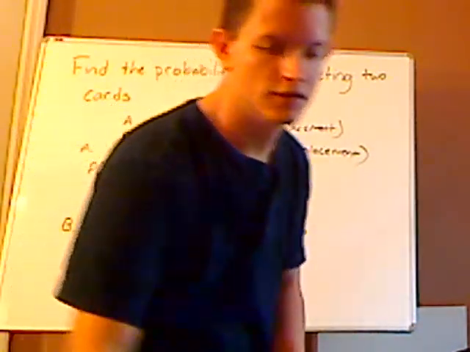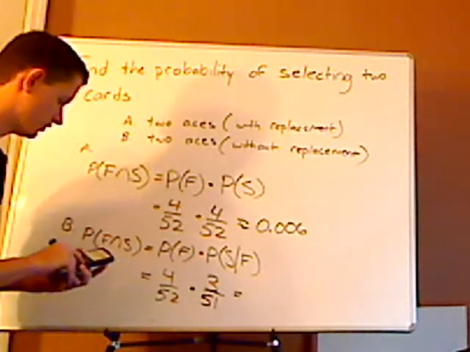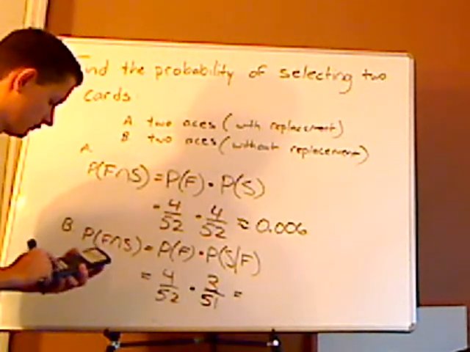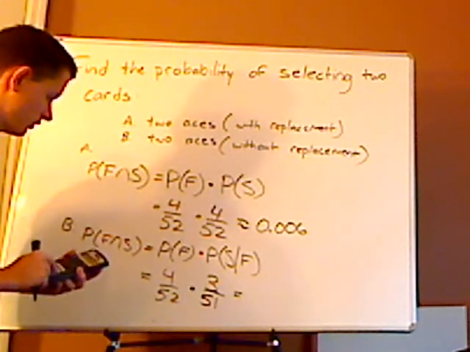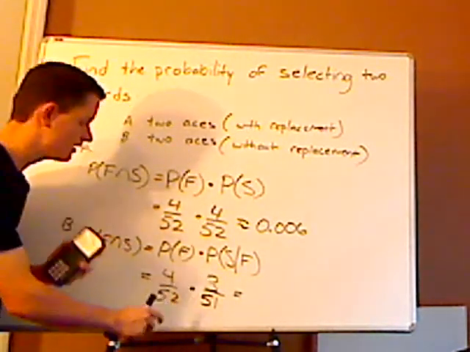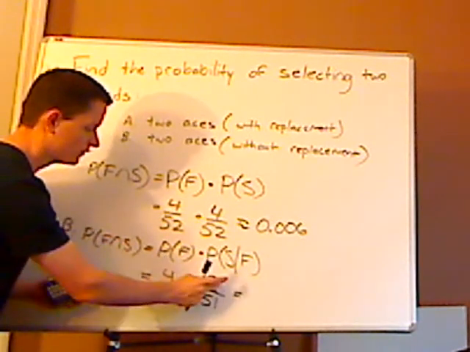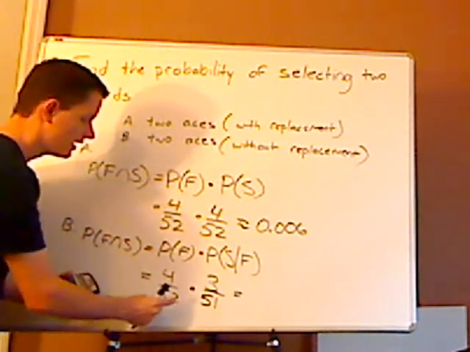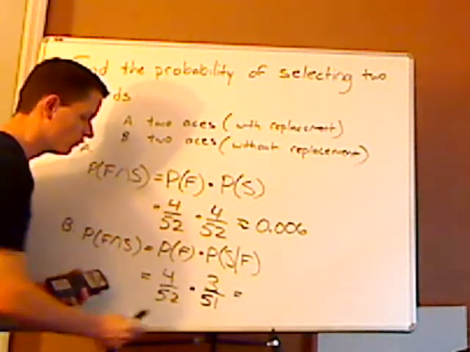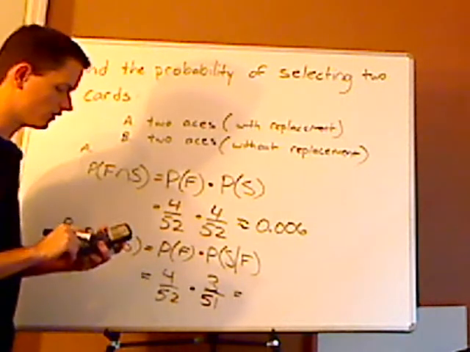Alright, so you take your handy dandy calculator and just multiply these out. If you're doing it straight across and you're not going to solve it right away, what you can do is put the numerator 4 times 3 in parentheses, and then put 52 times 51 inside parentheses, and of course divide them.